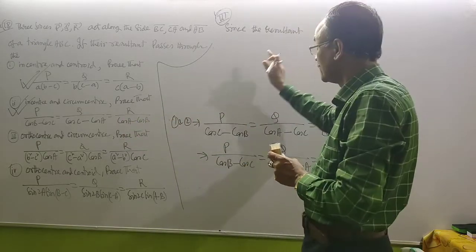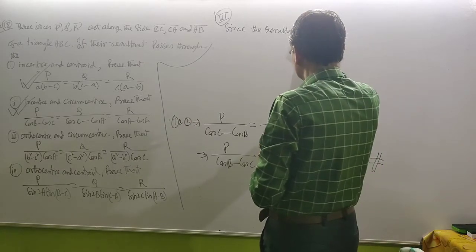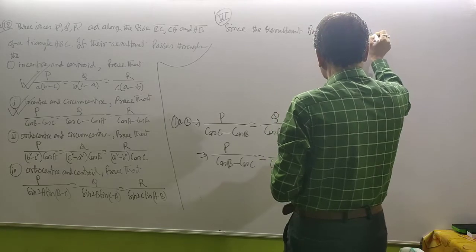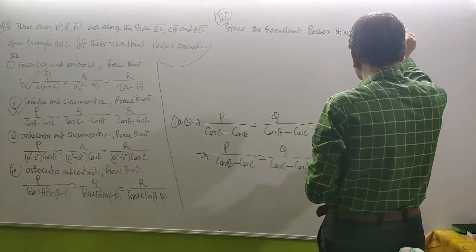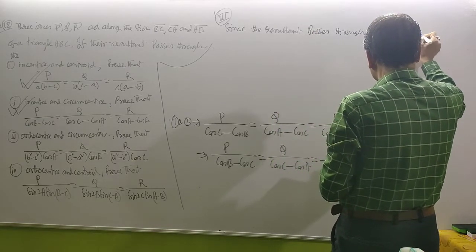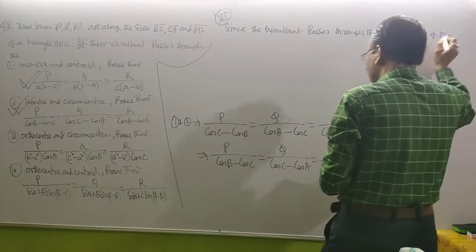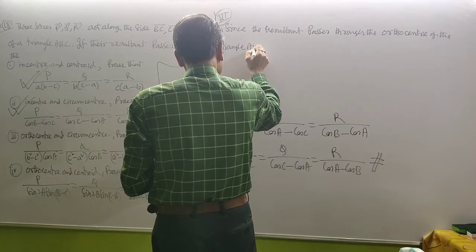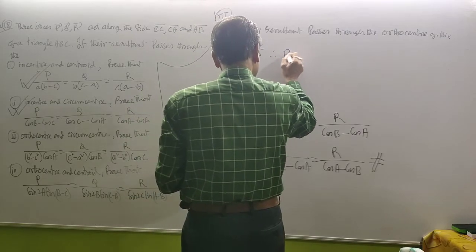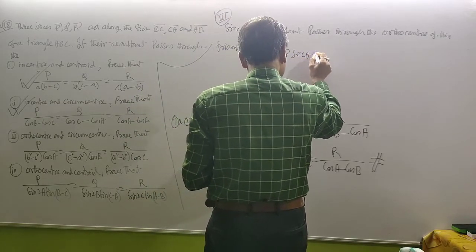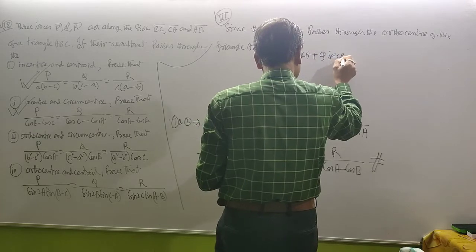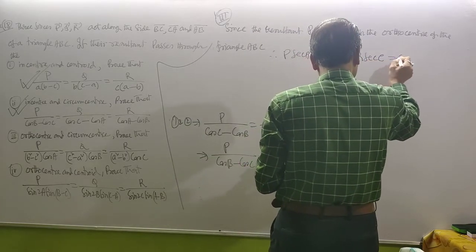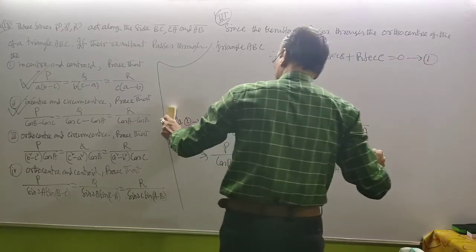Orthocenter and circumcenter. Since the resultant passes through the orthocenter of the triangle ABC, therefore P sec A plus Q sec B plus R sec C should be equal to 0. Suppose this is number 1.